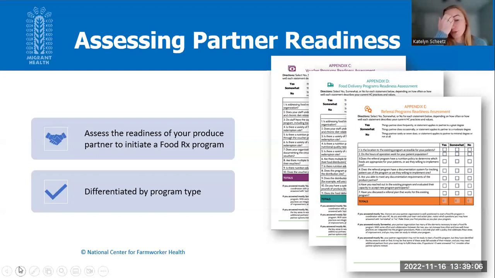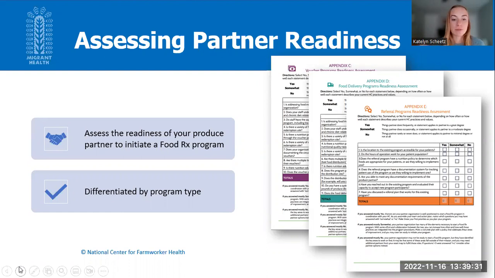And again, even if the answers are falling in the no category, meaning no, we're not quite ready to initiate a program, sometimes this can be a great way of assessing where those gaps are and deciding where we need to put our efforts before starting this program.